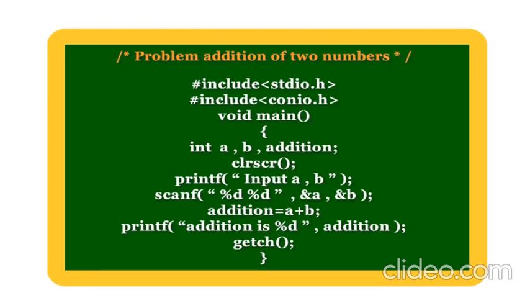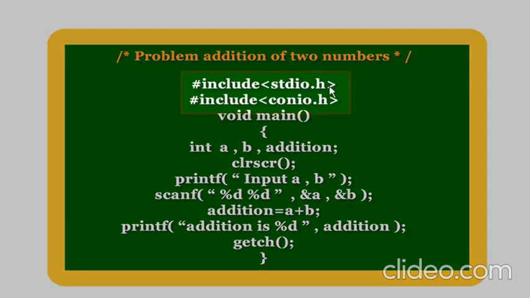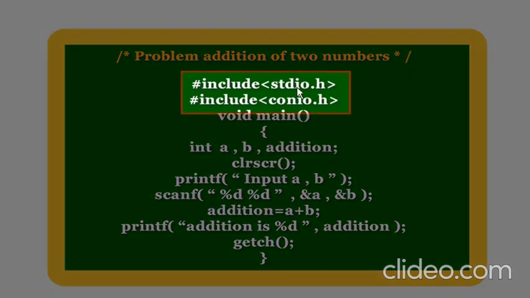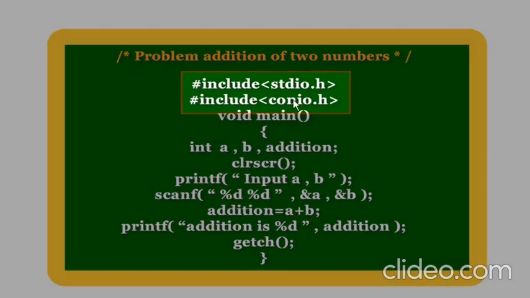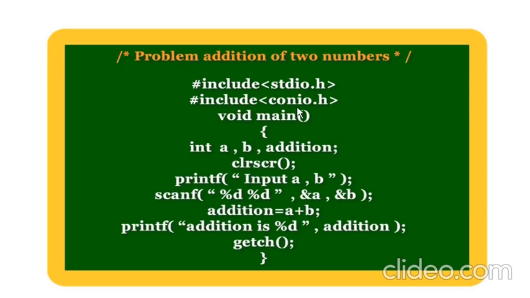Okay, let's see a basic C program for addition of two numbers. Inside the program, first we include two header files, stdio.h for printf, and conio.h for clear screen and the getch function, and also for the scanf function. So in the first line, void main, the first step is start. Our program starts here.